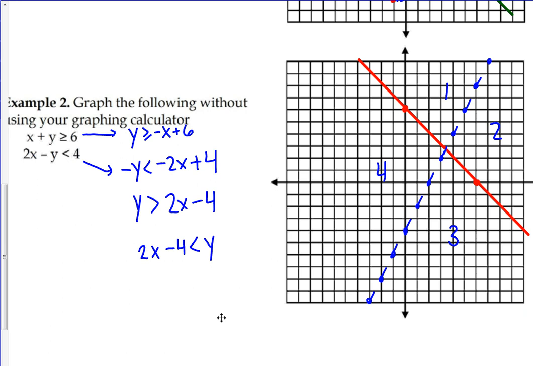Okay, let's check. Oh, let's use a highlighter. So if we're doing y for the first equation, y equals negative x plus 6, we want greater, so above. So you would have that. The second line is y is less than negative, so below the other line, right? Agreed?